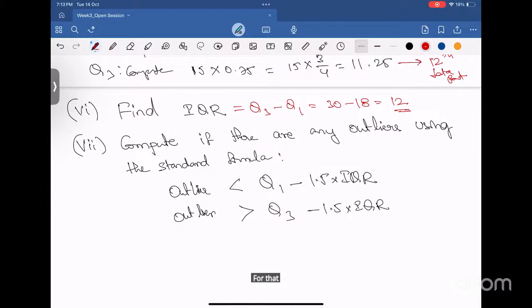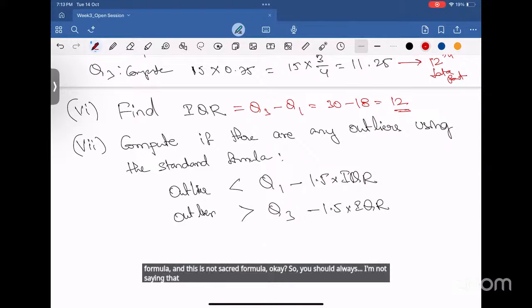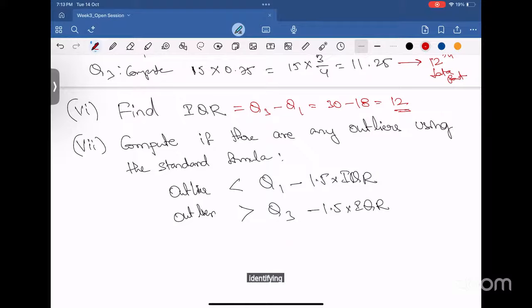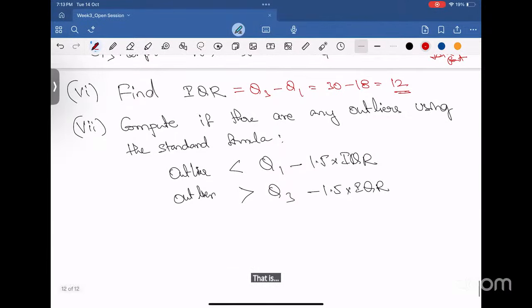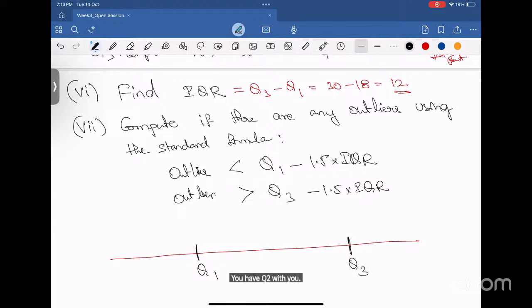For that, we have this kind of formula, and this is not a sacred formula. I am not saying that you should always use this. This is one way of identifying whether a particular data point is an outlier. You have Q1, Q2 and Q3.